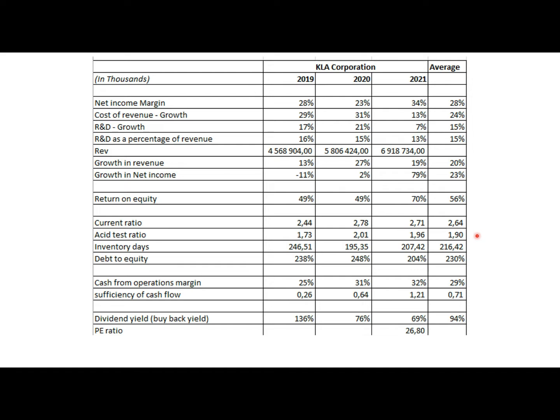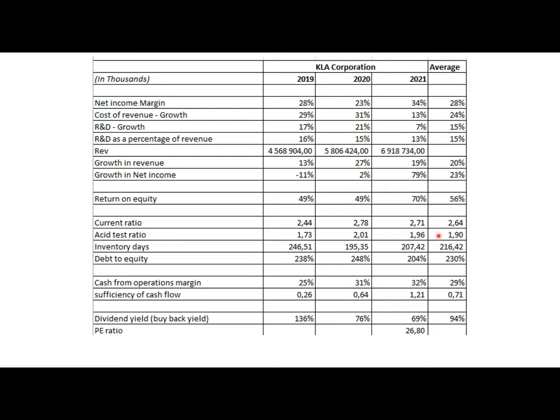These ratios, especially the asset test, show me that there really isn't any increase in liquidity risk. This is a very liquid company. So even though both the current ratio and asset test ratio are below the industry average, they do not indicate high levels of liquidity risk.